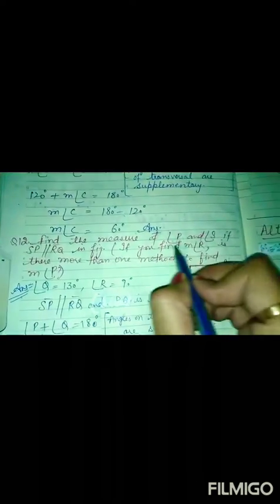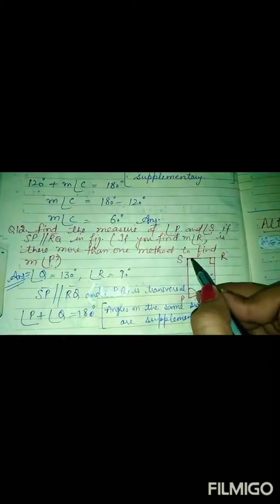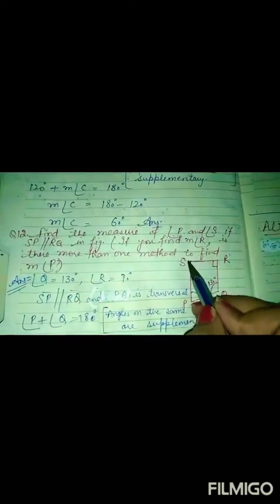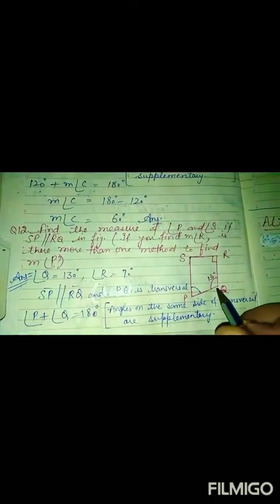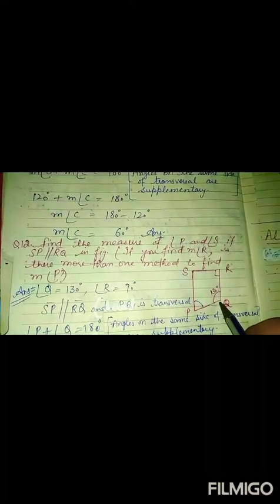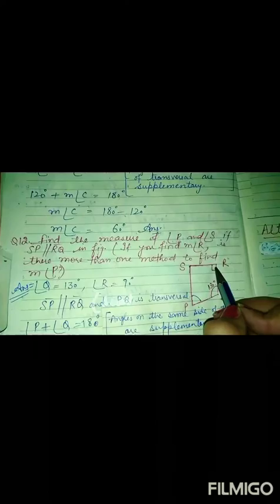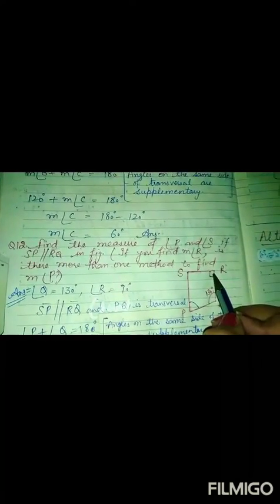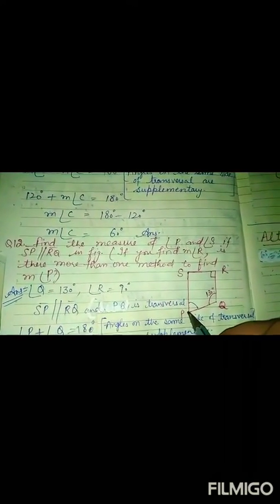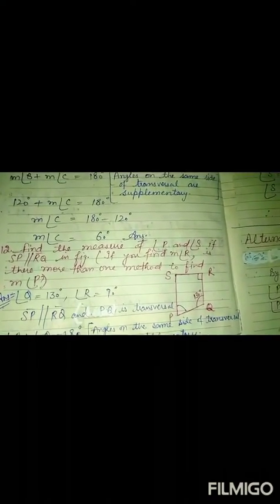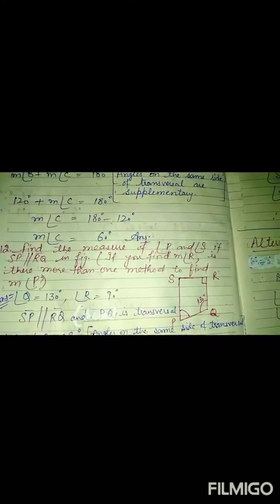12th question is find the measure of angle P and S if SP is parallel to RQ. If you find measure of angle R, is there more than one method to find measure of angle P? That means we have to find the measure of angle P with two different methods.